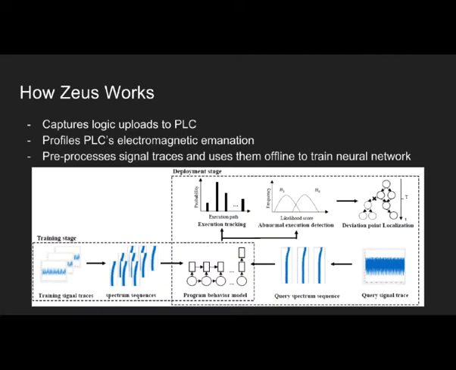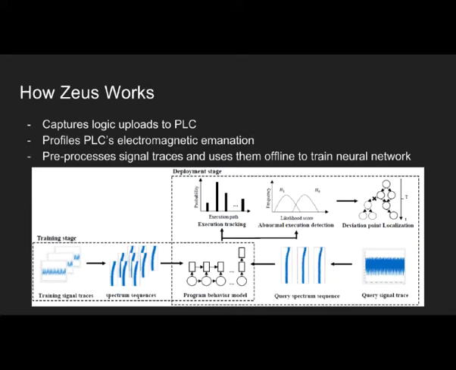So how does Zeus work? As I mentioned before, Zeus implements a neural network. It sits in between the HMI and the PLC. Whenever the HMI uploads code to the PLC, it captures that logic.